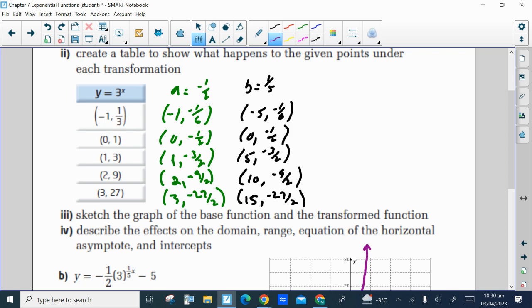And lastly, we have our k value of negative 5, which shifts the graph down 5 units.